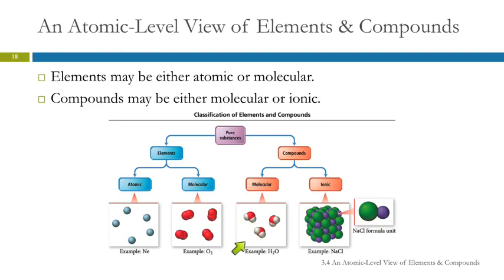In a molecular compound like water, we have nonmetals. The nonmetals will form covalent bonds. They'll share electrons because hydrogen and oxygen are both nonmetals. That's not the best example. I'll talk about carbon monoxide.